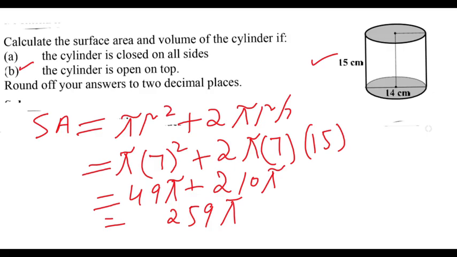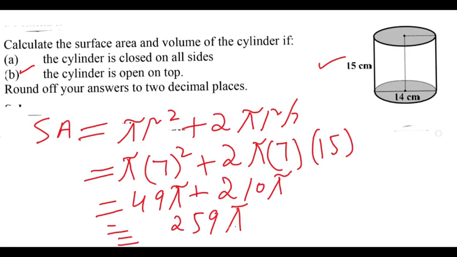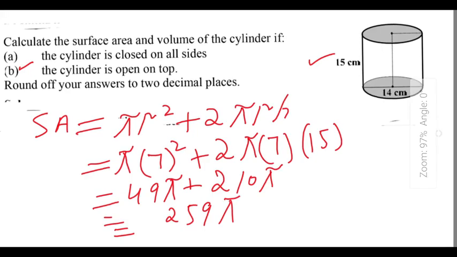If you say leave the answer in terms of pi, then you leave the answer till here, but now he says you must give the answer to 2 decimal places, so we have to open up the pi. Even if you leave the answer in pi, you must say squared on top, because the surface area is squared. But we need to open up this pi, 259 pi. I use my calculator, so the answer will be 813.67 centimeter squared. That will be my final answer for the surface area.